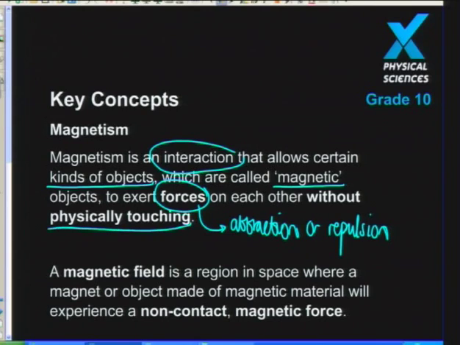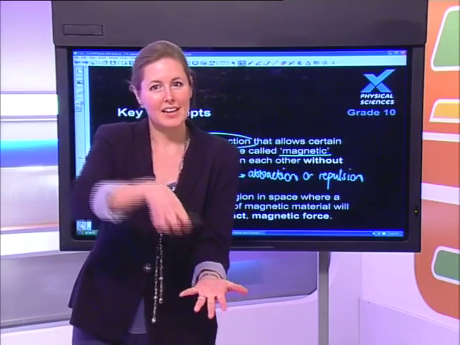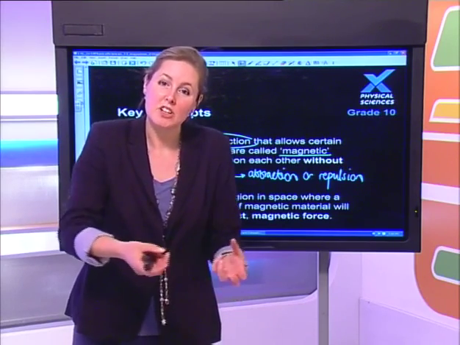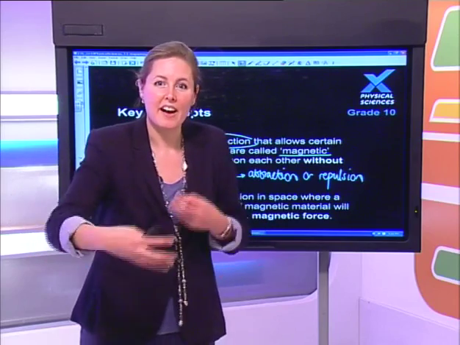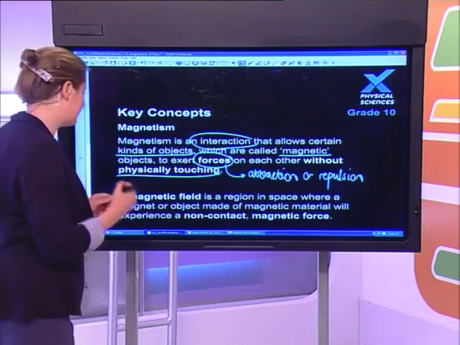So there doesn't have to be contact between them. You saw those paper clips which were on the ground suddenly jumping up and being attracted to that magnet. That is because they don't physically have to be touching. They are interacting through a magnetic field that surrounds that magnet.